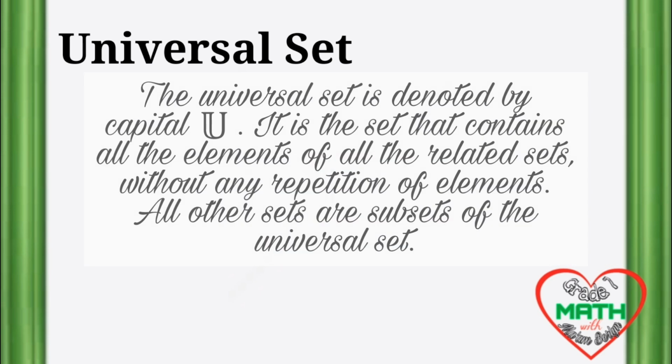Universal set. The universal set is denoted by capital U. It is the set that contains all the elements of all the related sets, without any repetition of elements. All other sets are subsets of the universal set.